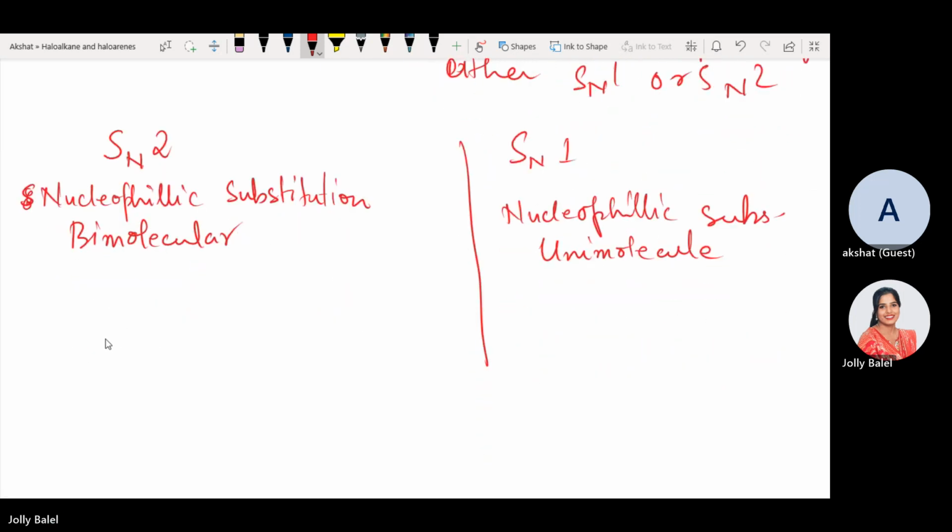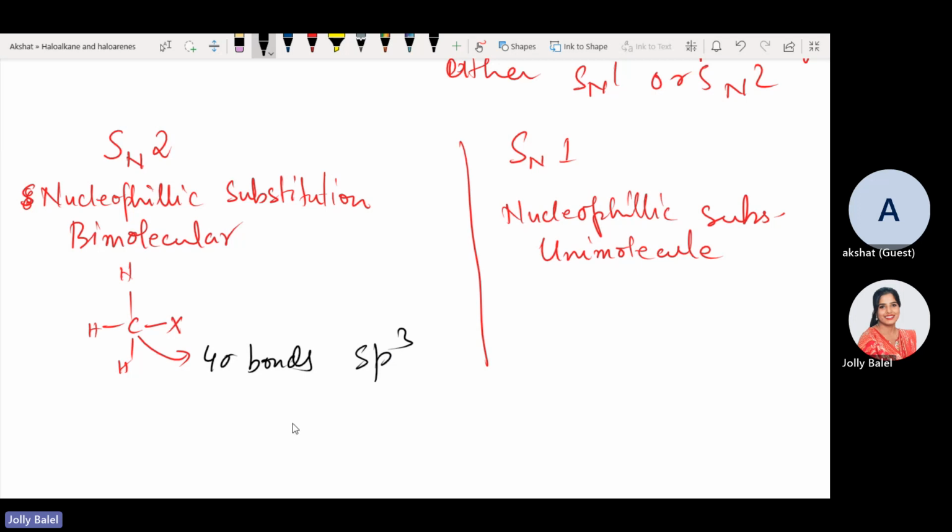In SN2, suppose this is your alkyl halide. Can you tell me the hybridization of this carbon? We discussed it in the very beginning. If it is forming 4 sigma bonds, the hybridization would be sp3. Do you know the geometry of sp3?